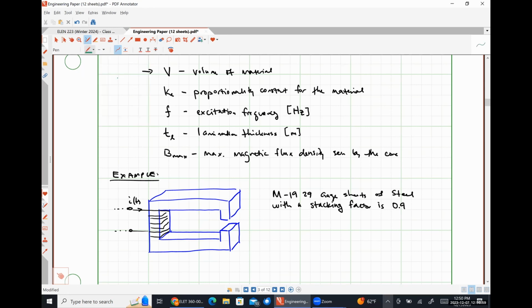So let's say that this dimension is W, this dimension is W, this dimension is W, this dimension is W. We have a gap length LG. We have a distance here, L2, and a distance here, L1.